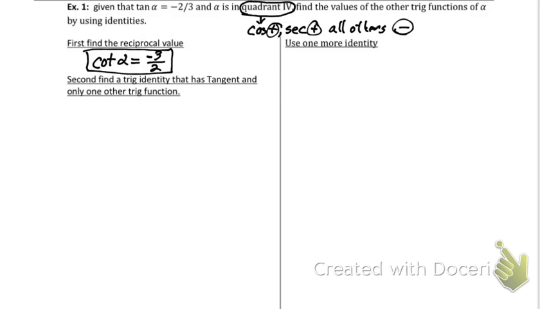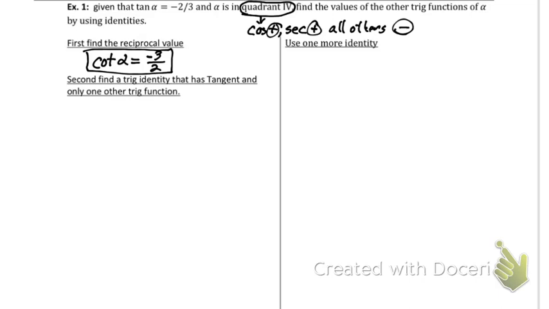All right, so now we're going to use another trig identity to get it, and we'll look at what information we're given. We're given tangent, so you're going to pick one of your identities that has tangent in it, and one of the squared ones, the ones that come from sine squared plus cosine squared equals 1. So look at your identity sheet. Look at your Pythagorean identities, your major ones. Find the one that has tangent in it.